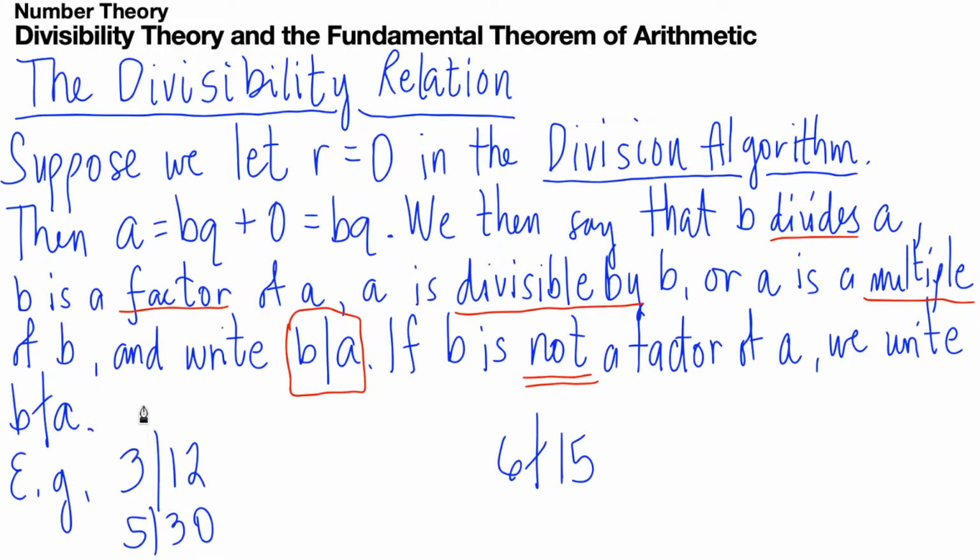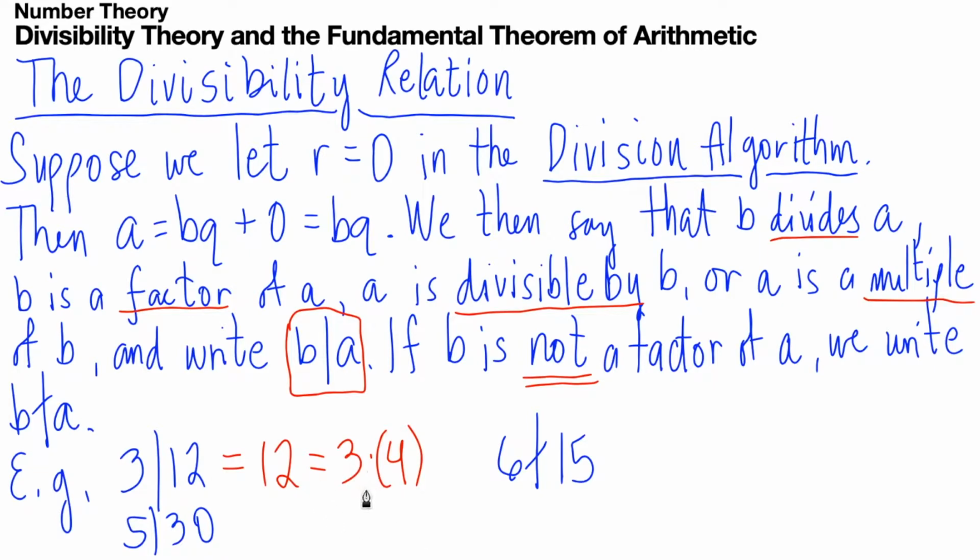So how do we have this? For instance, we have 3 divides 12. Why is it so? Because we know that 12 divided by 3 is 4. So 3 divides 12, because we can write 12 as 3 times something. Specifically, that's 3 times 4.